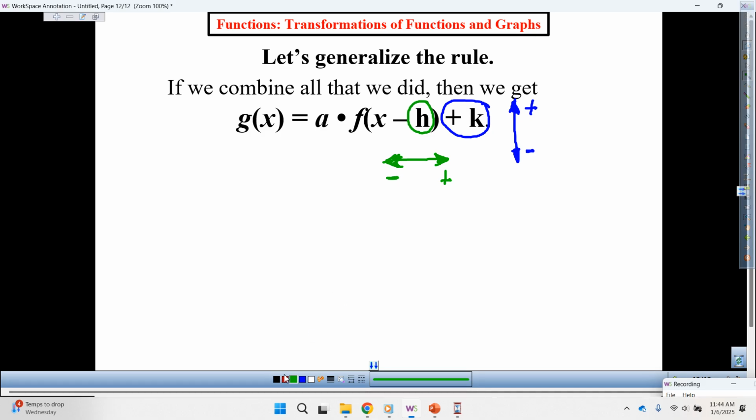And the last thing we added to our general rule was a. Remind your neighbor what a does to the entire function. What does a do? Does two things. Remind your neighbor what are the two things that a does to the entire function.